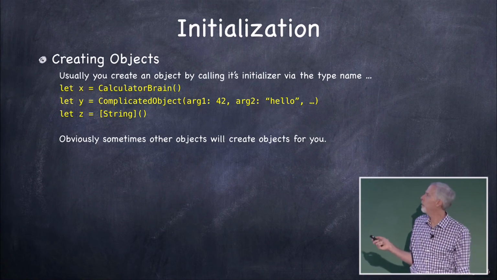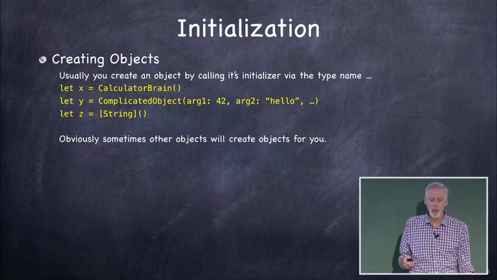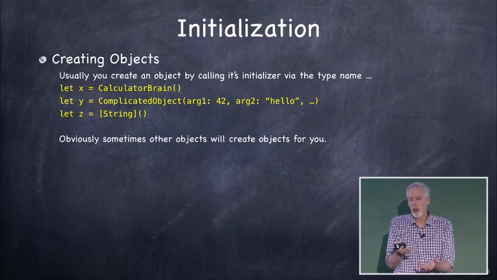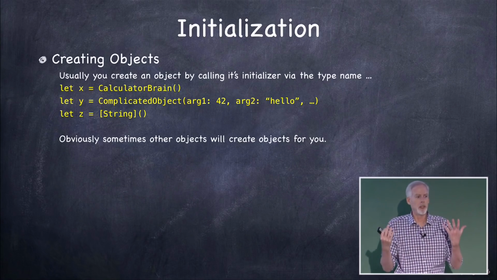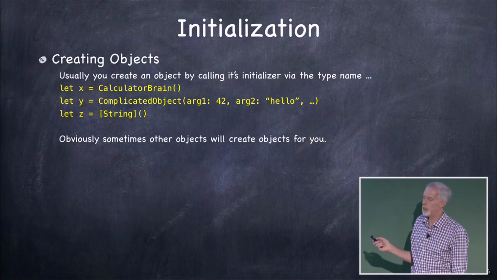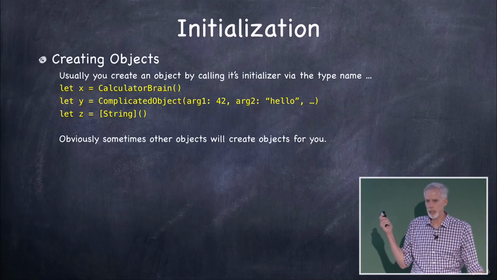That creates an empty array of String. It's a constant, so it's going to be empty forever. But sometimes other objects will create objects for you. They can call a method and it'll create an object and give it to you. But when you're creating objects from scratch, this is the syntax you're using. You're used to that, right? No questions about that? It's a kind of obvious slide.